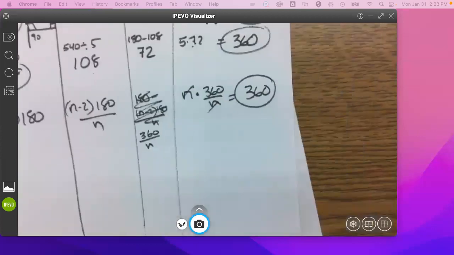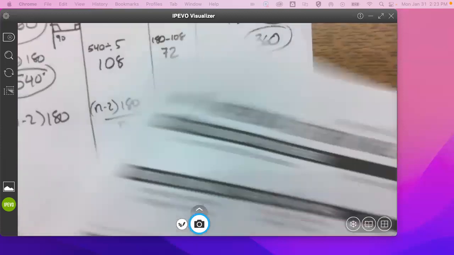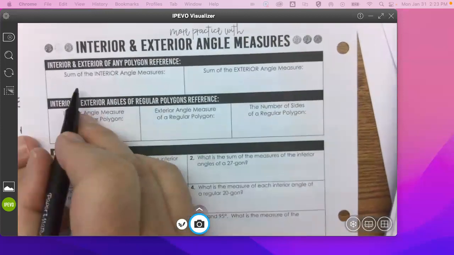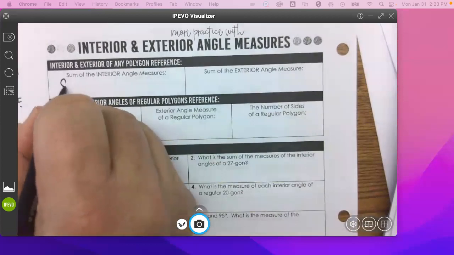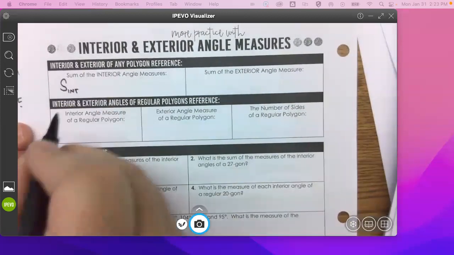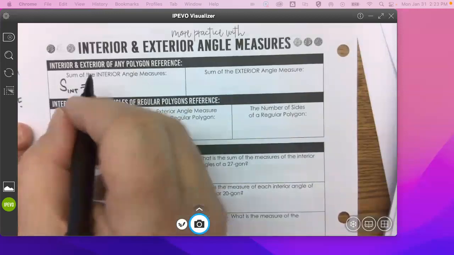Let's put that into the notes. So on your note sheet, please flip to page 2, backside. It's up there on top of the yellow and black. So let's first fill in some of our formulas from before. The sum of the interior angle measure is what formula? Marshall, you said this one a minute ago.